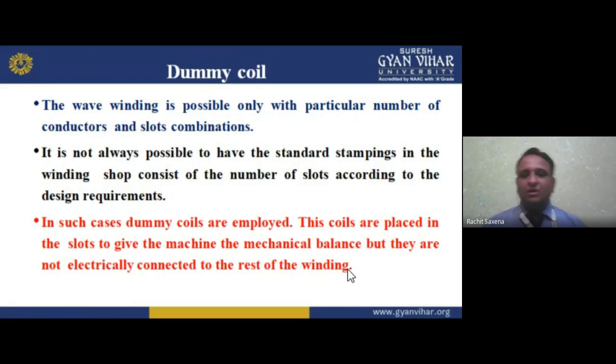As I told you earlier, they are not electrically connected to the rest of the winding. Though they are used as dummies and not playing an important role, they are there because the slots are empty with no windings in them, and we have to maintain the mechanical balance.